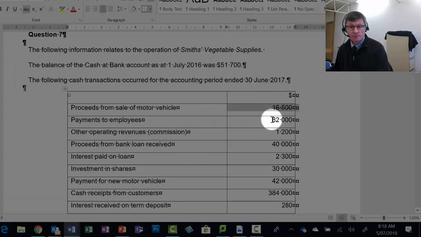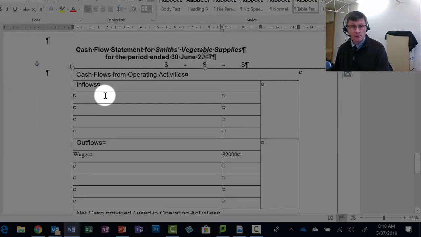So I've got that item ticked off. And again, you can see I'm being methodical just in case I miss something. Other operating revenues, so there's a dead giveaway. It's commission revenue. That's money coming in for $1,200. I'll tick that off straight away. Inflow, I might just put it down here because I've got some other inflows coming up. So that's commission revenue of $1,200. So I've got that.